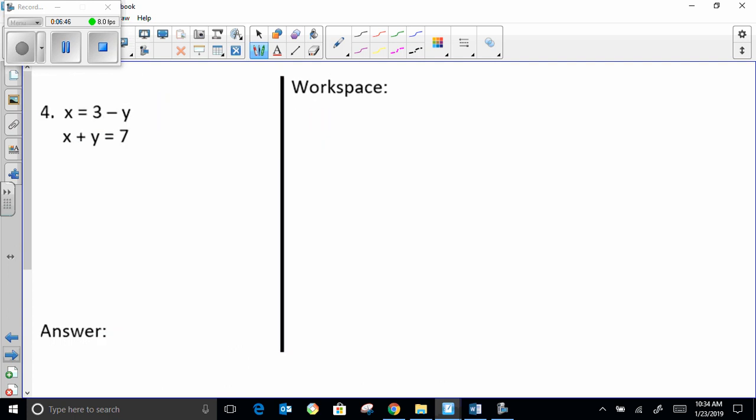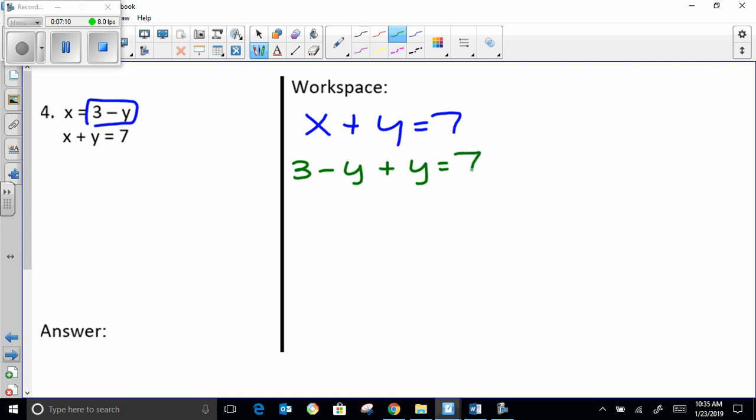Number 4, the first equation is already solved for x, so I'm going to use that expression as what I'm going to substitute in x's place. So instead of writing x plus y is equal to 7, I'm going to write 3 minus y plus y is equal to 7.